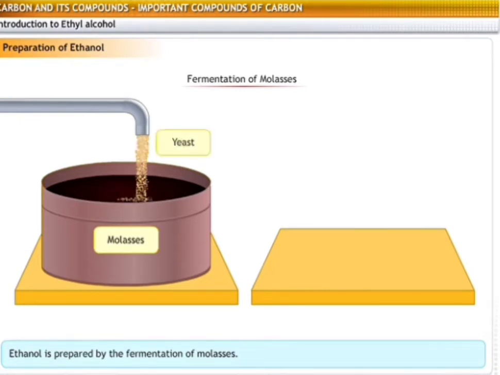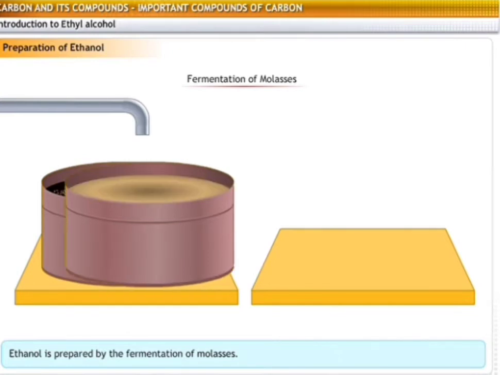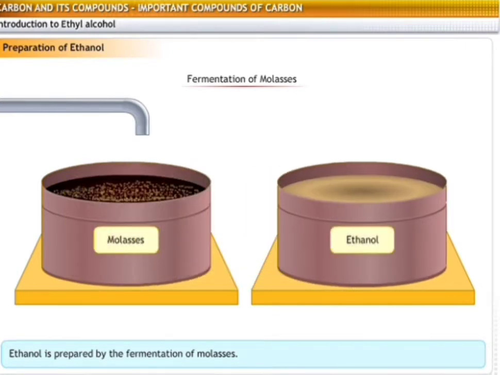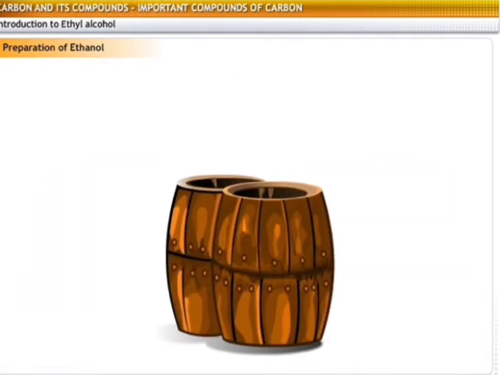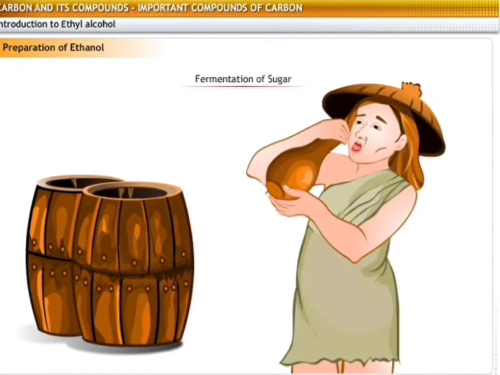The process involves slow decomposition of a complex organic compound like molasses into simpler compounds including ethanol by means of microorganisms like yeast. It is interesting to note that except for use of fire, the fermentation of sugar into ethanol is the earliest organic reaction known to mankind.